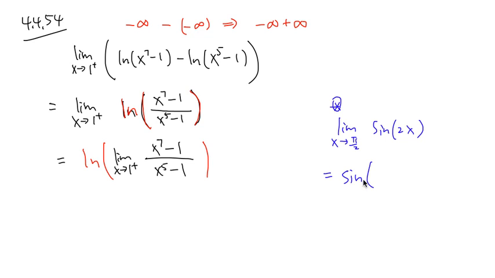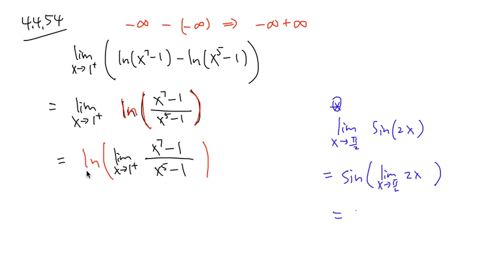So you can have sine on the outside, and then pull the limit inside: sine of the limit when x is approaching pi over 2 of 2x. And then you just plug in pi over 2 into the x right here, and then you can work this out. And that's exactly what I did right here.